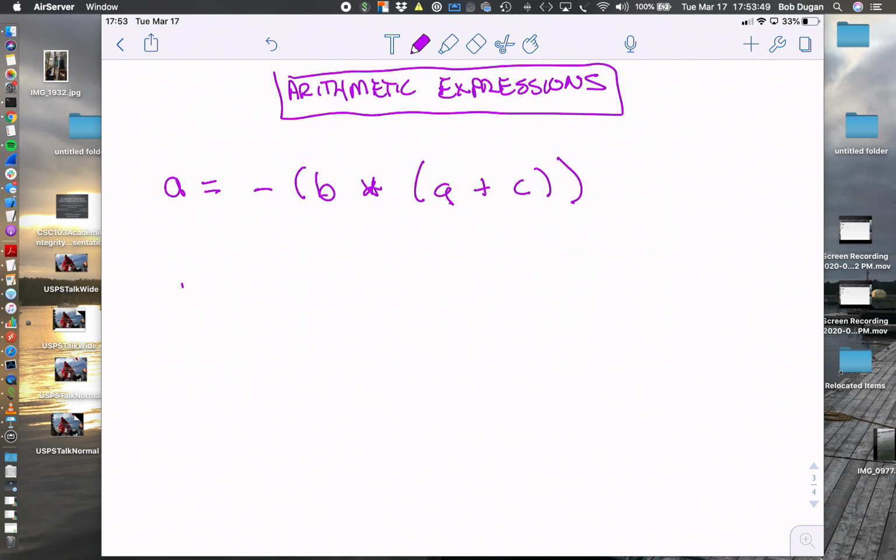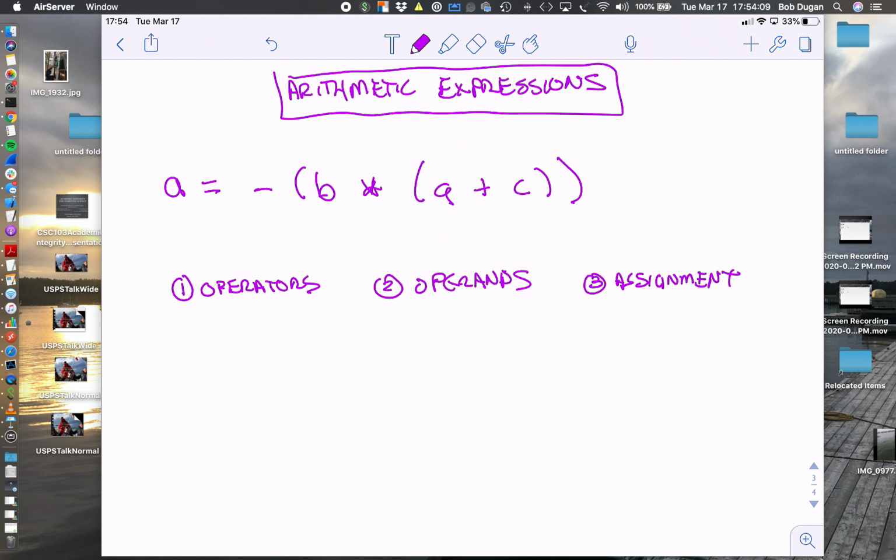Where are the operators? Where are the operands? Where's the assignment? Where's the L value? And what are the expressions?